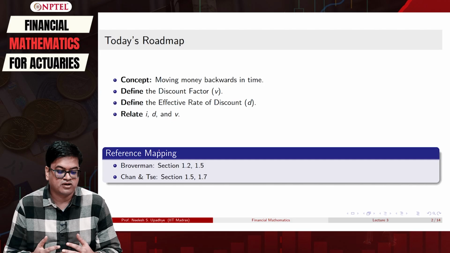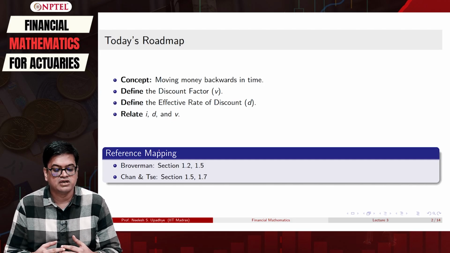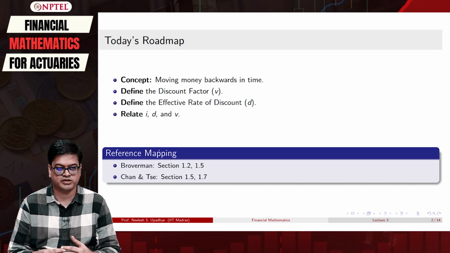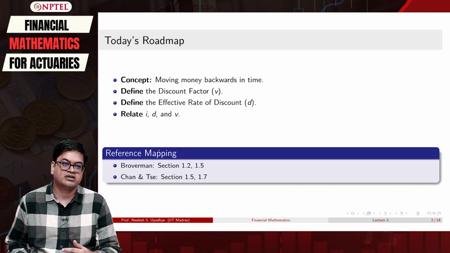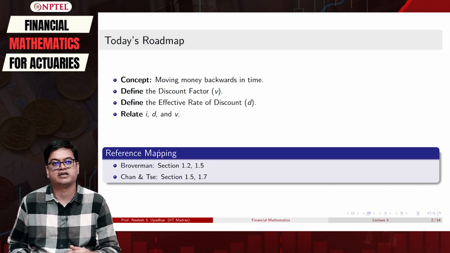The topics of this particular lecture are covered in Bowerman sections 1.2 and 1.5, Chan and Say sections 1.5 and 1.7. The interested listeners may refer to them for deeper understanding.